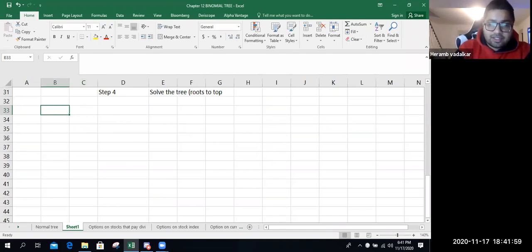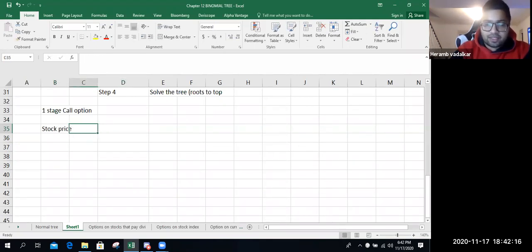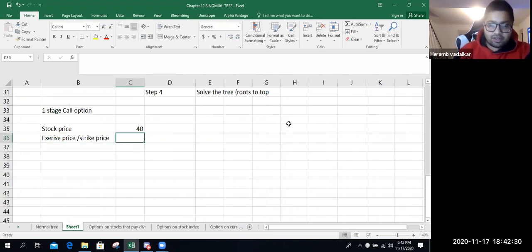Let's solve for a one stage call option first. Certain things are given to you. Let's say the stock price is $40. The exercise price, also called the strike price, is $41.